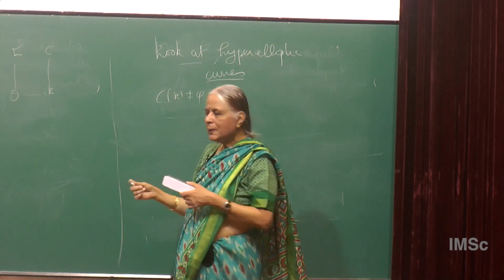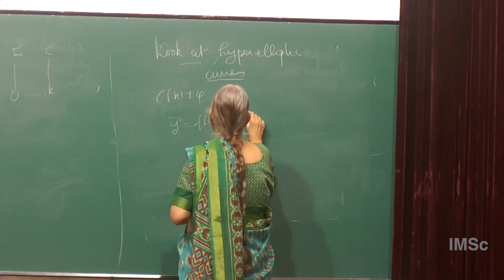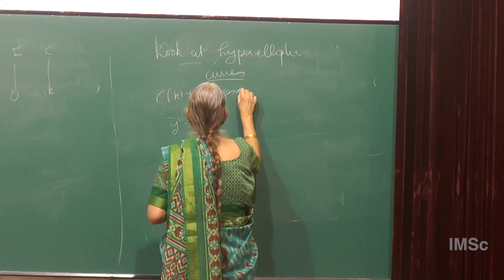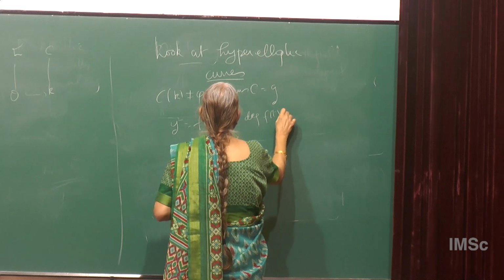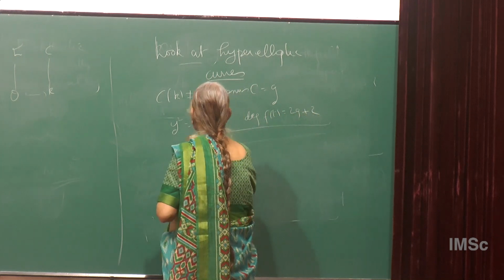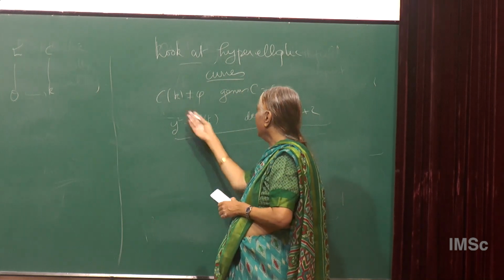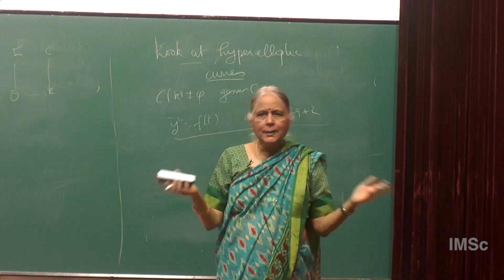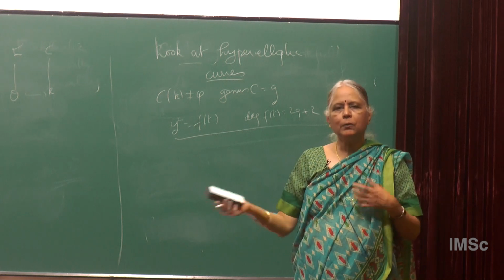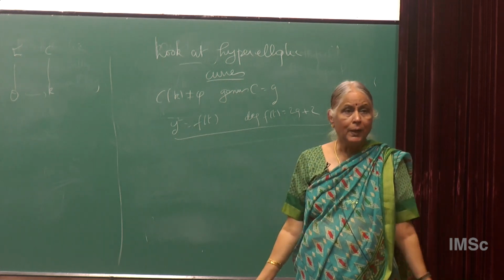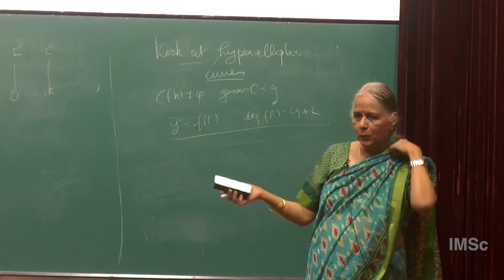In this case, you can represent the curve as y squared equals f(t), where the degree of f(t) is 2g plus 2. So every hyperelliptic curve with a rational point admits a representation like this. You take this class of hyperelliptic curves, look at the unramified Brauer groups over a model of this curve over a totally imaginary number field. Can you bound the period by the index, or what can you say about this conjecture?